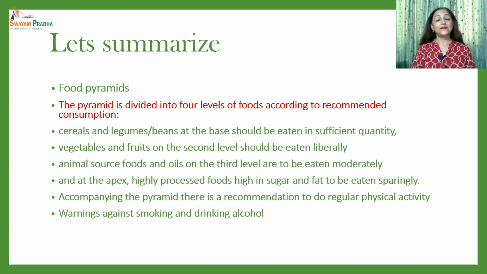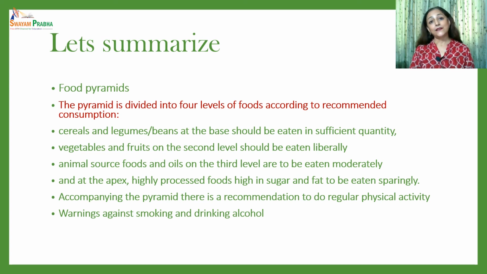The third level was animal protein foods and oils, which can be eaten in moderation. Then at the apex, we saw the highly processed food items, which contain loads of salt, sugar and oil. So they are to be eaten sparingly.